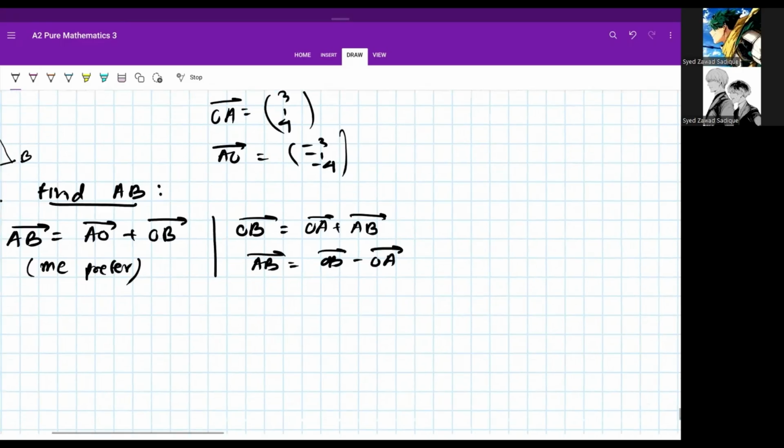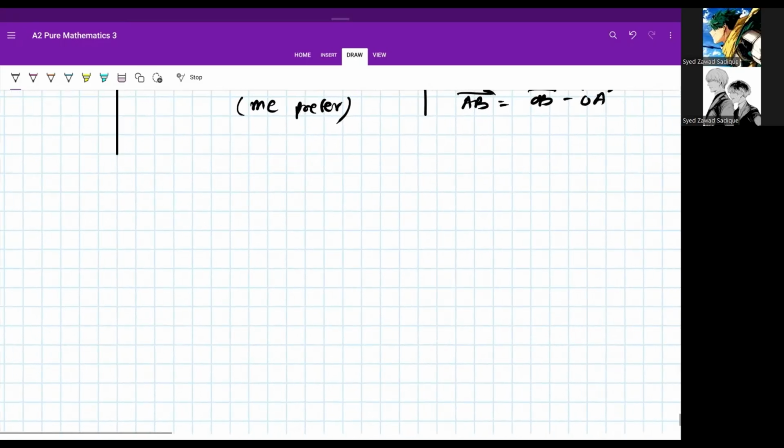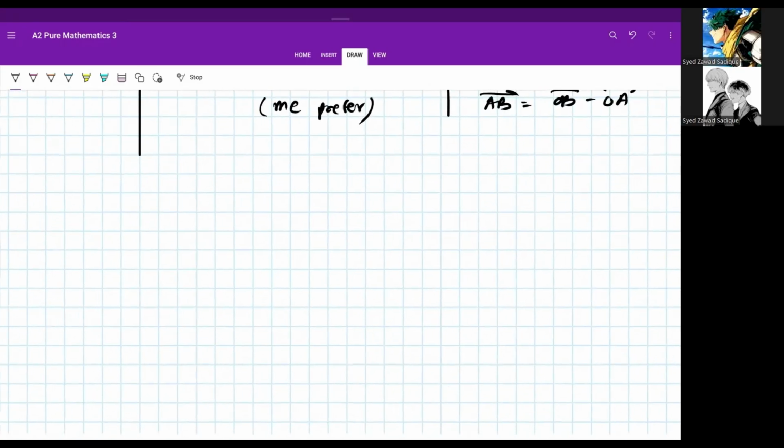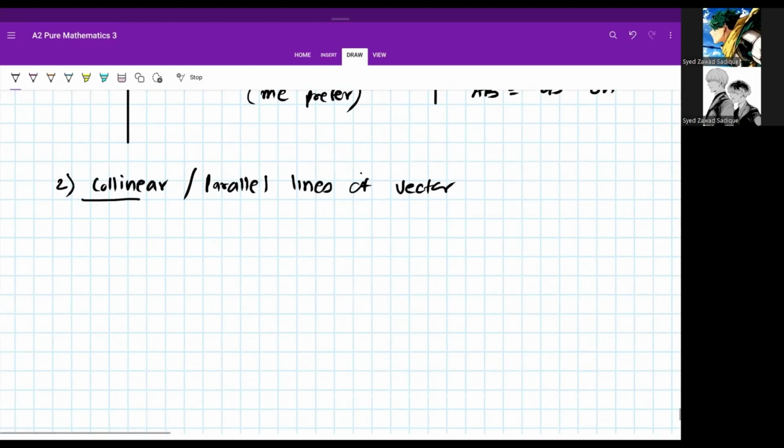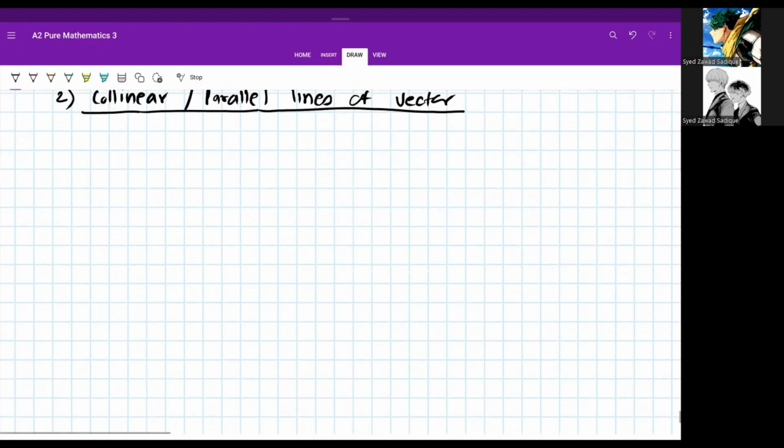Now, moving to concept number 2, that is collinear or parallel lines in vectors.